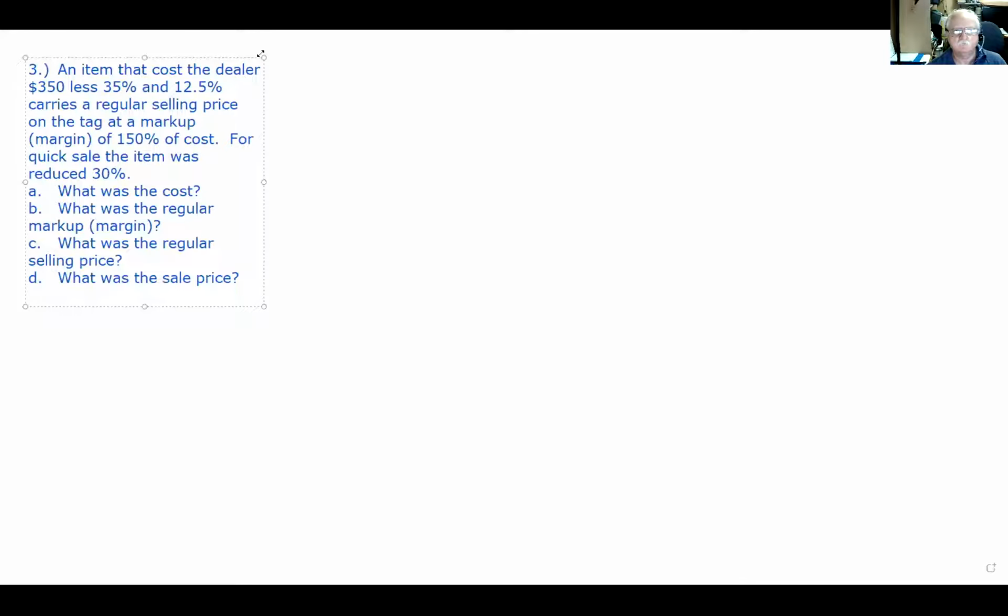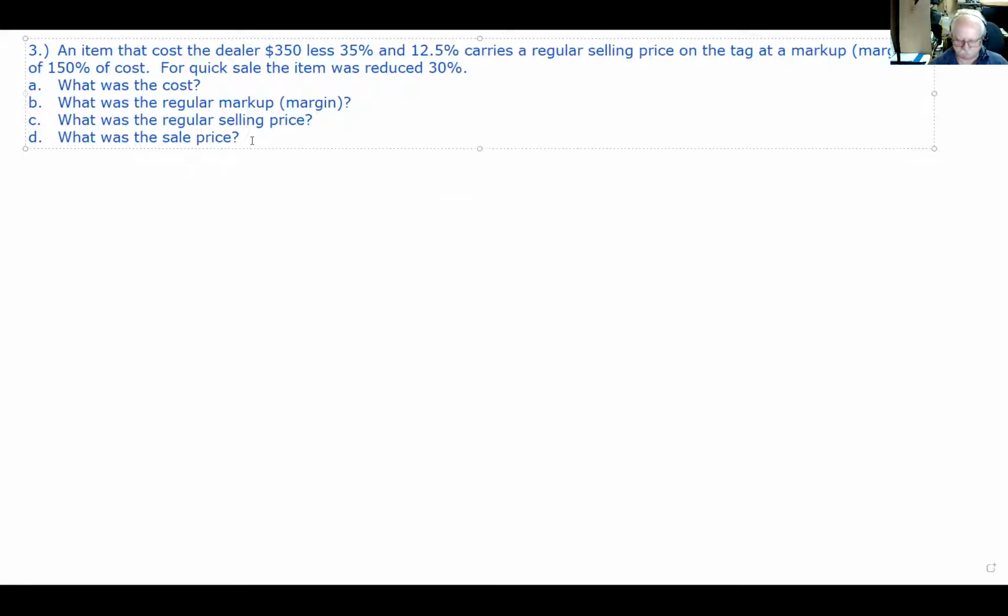So let's take a look at number 3 here. So what have they told us? An item that cost the dealer $350 less 35% and 12.5%.